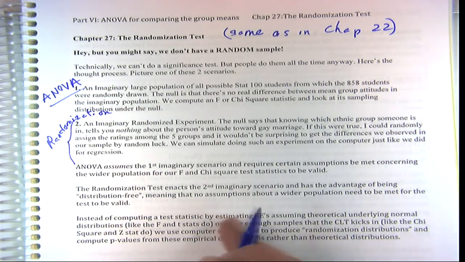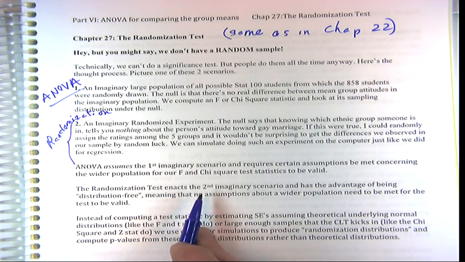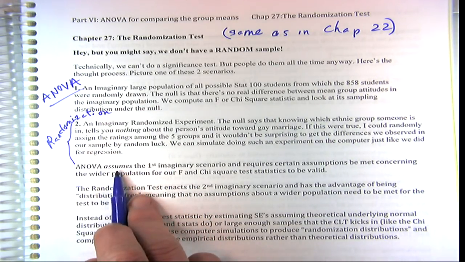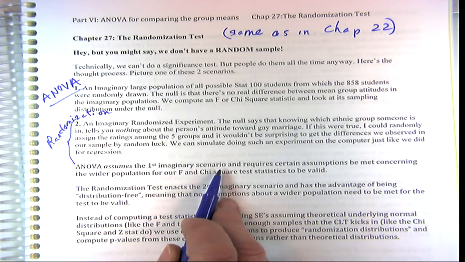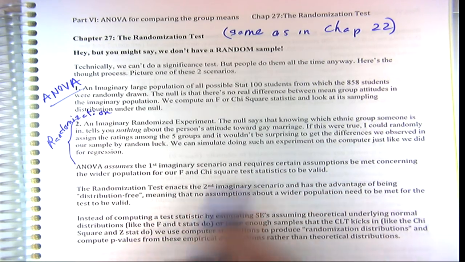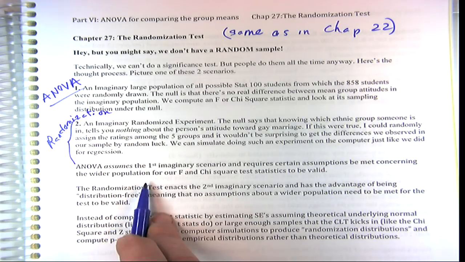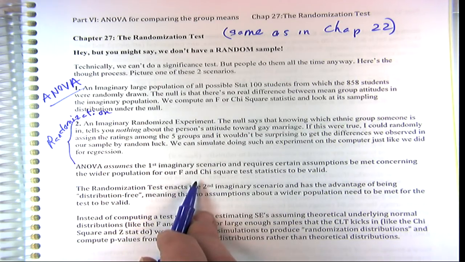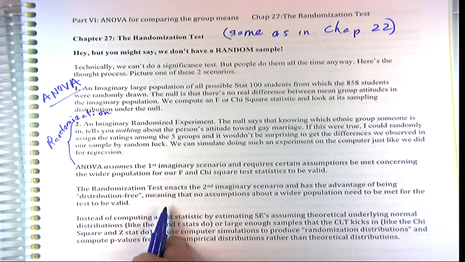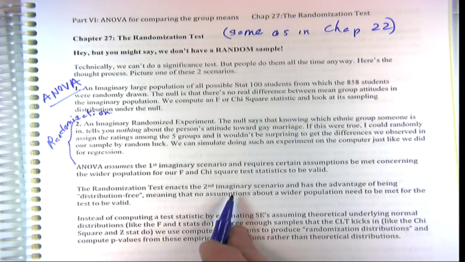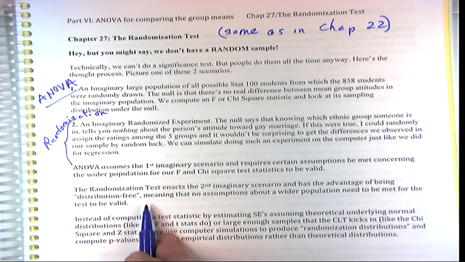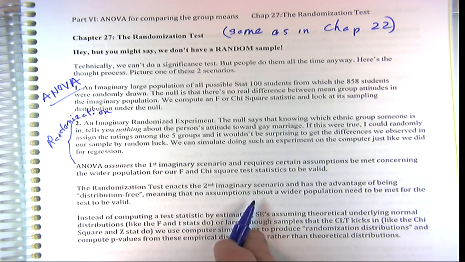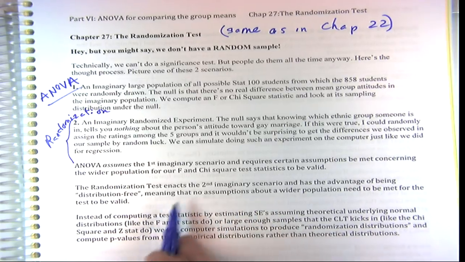So the randomized ANOVA assumes the first imaginary scenario, which requires certain assumptions to be met concerning the wider population in order for our chi-square F test to be valid. But the randomization test actually enacts the second imaginary scenario and has the advantage of being distribution free, meaning no assumptions about a wider population need to be met for it to be valid.